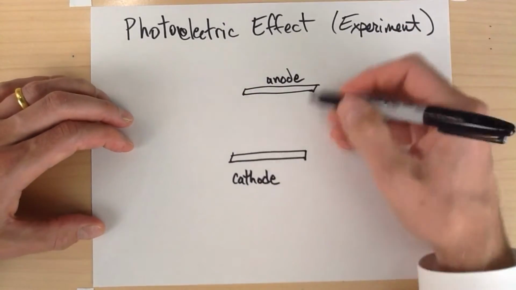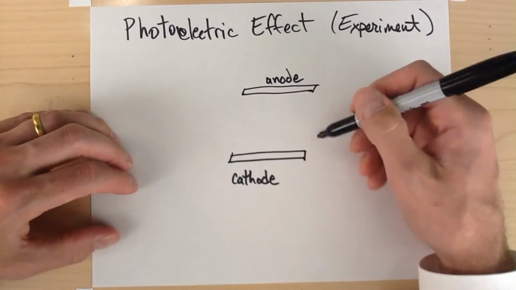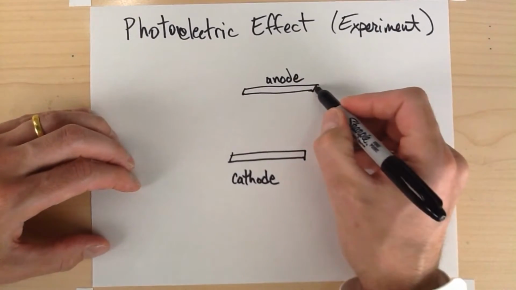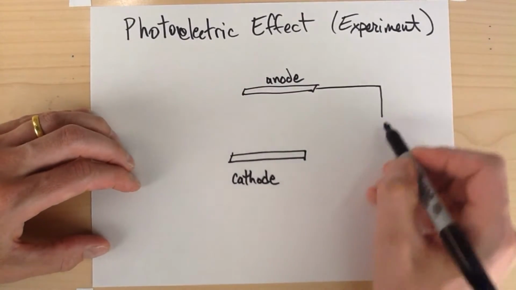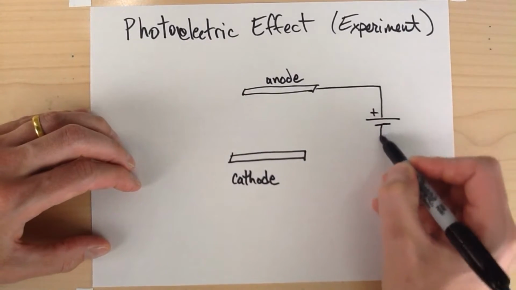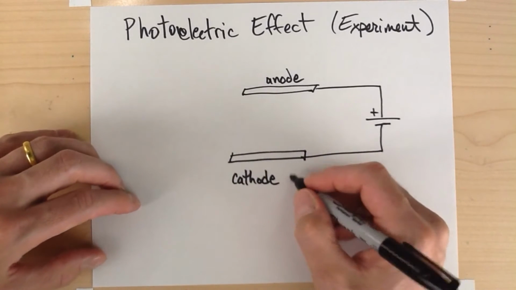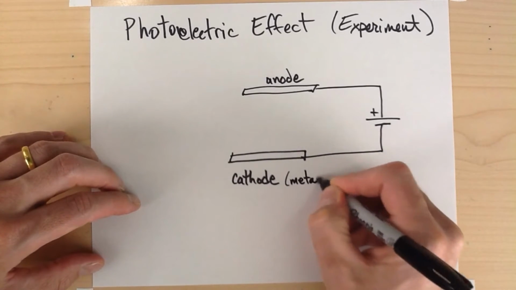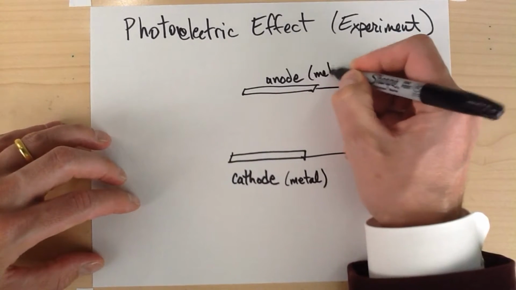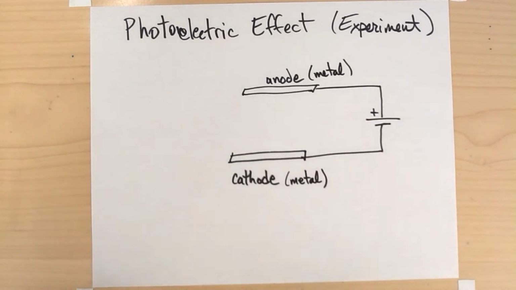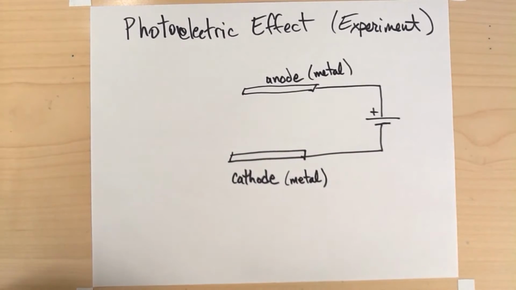And these are arranged within some short distance from each other, and then these are connected to a voltage source. Okay? So these are metals that are arranged in a kind of parallel plate capacitor situation.